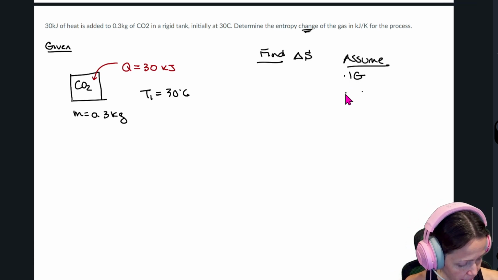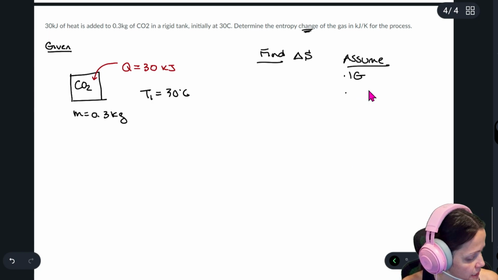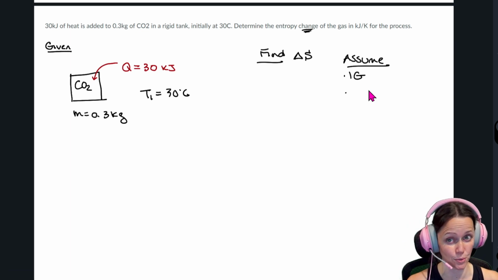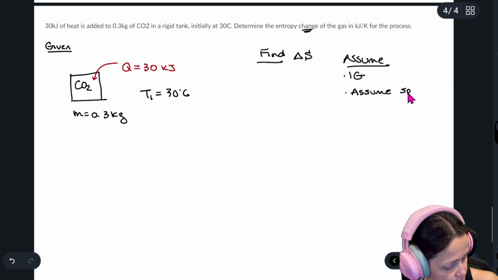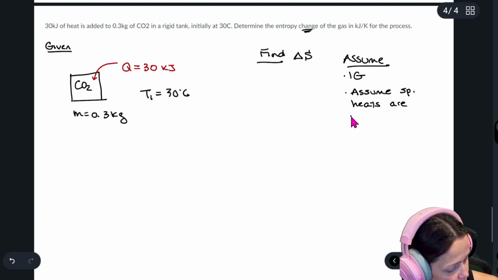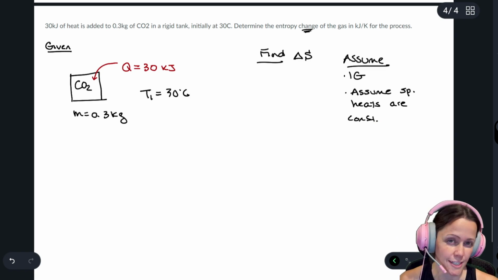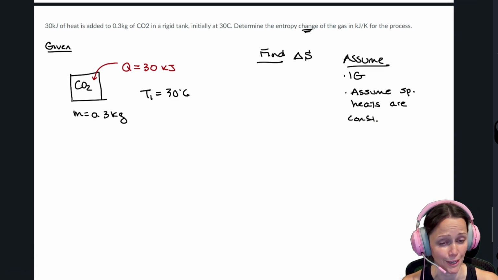And the other piece of information that should have been told to you is to assume that the specific heats are constant. There are tables that you can use, but we've never used them in class before, so let's not start now.